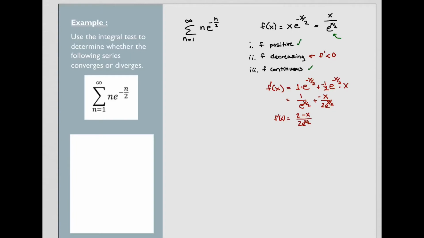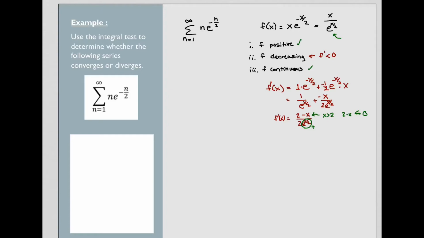And let's talk. e to any power is always positive. 2 minus x, well, assuming x is some number bigger than 2, so if x is greater than 2, that will make 2 minus x a negative number, correct? 2 minus x will be less than 0 as long as x is greater than 2, right? 2 minus some number bigger than 2 is always going to be a negative number.